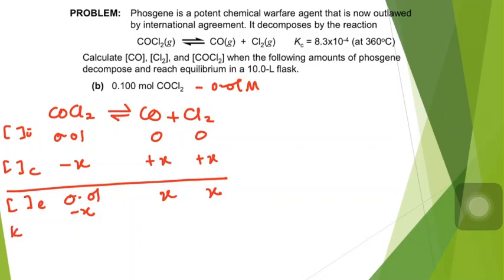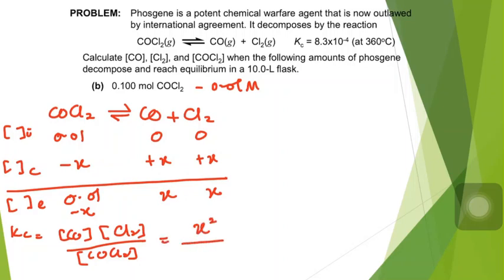So when we write the Kc expression, it is equal to CO power of 1, Cl2 power of 1, over COCl2 concentration power of 1, which is equal to x squared over 0.01 minus x.